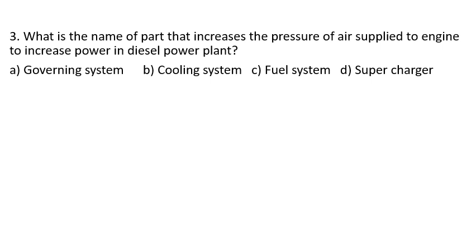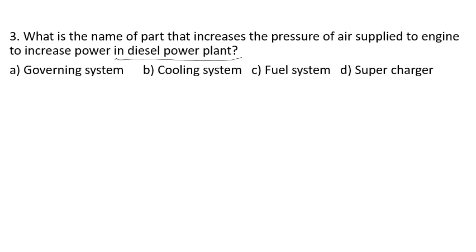Third question. What is the name of the part that increases the pressure of air supplied to the engine to increase the power in a diesel power plant? Option A, governing system. Option B, cooling system. Option C, fuel system. And finally, supercharger.